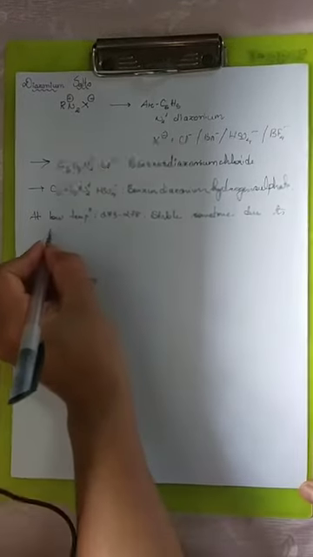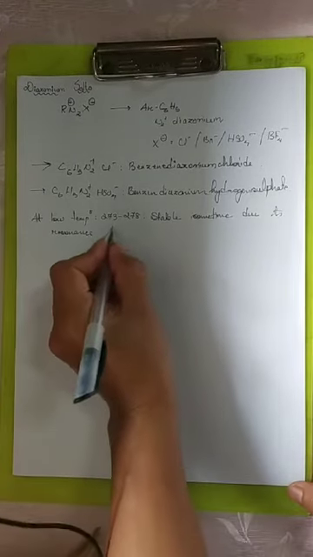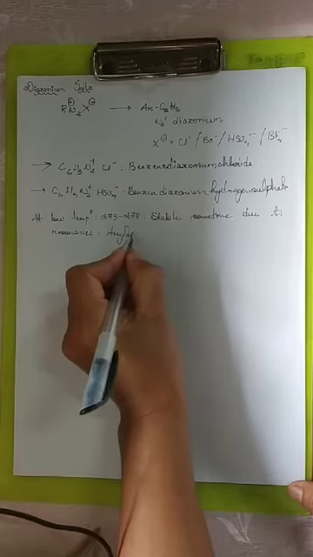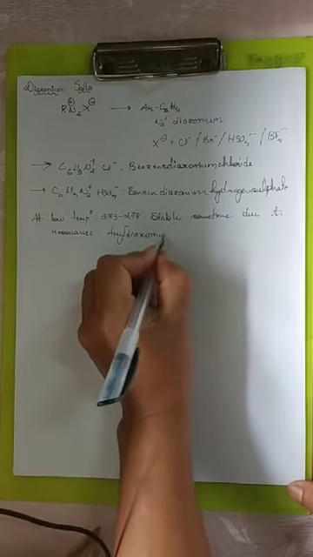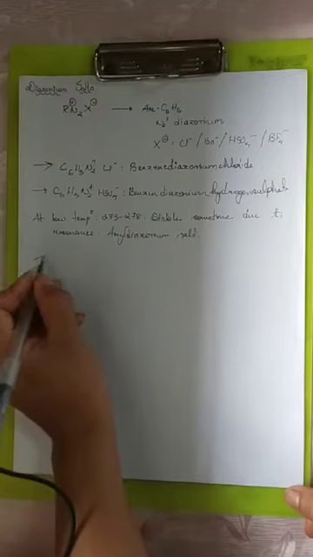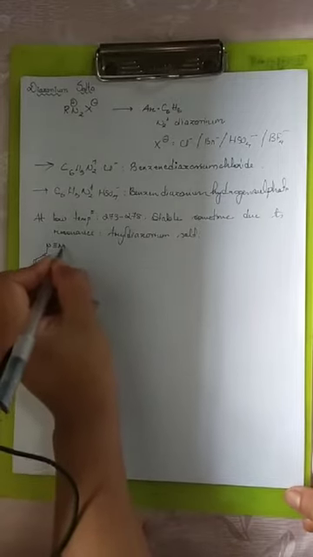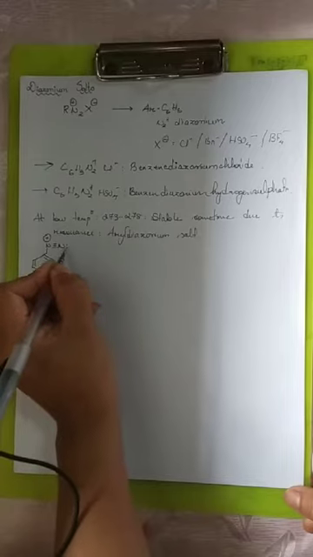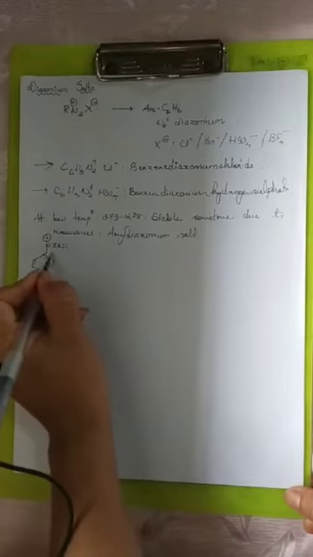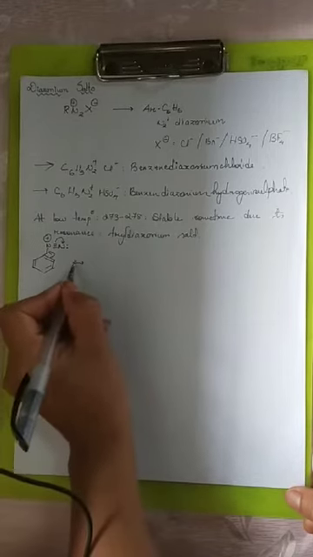This stability is due to resonance. Now the resonating structures: if this bond goes here, one pi bond breaks and adds up to the nitrogen atom.